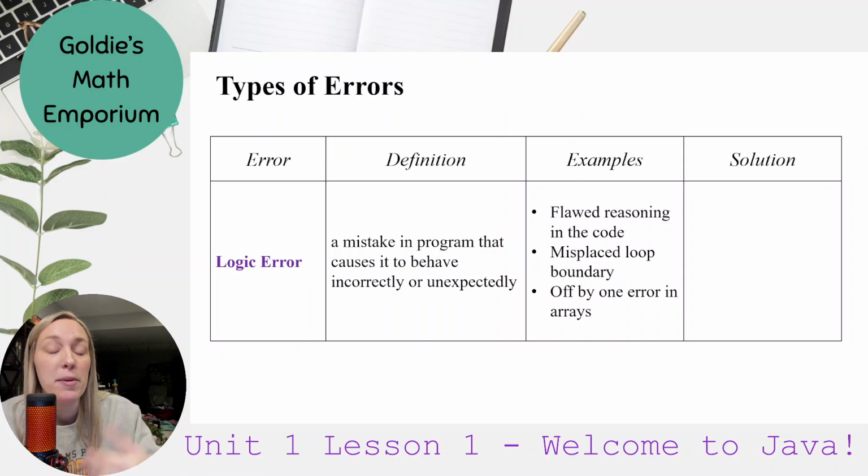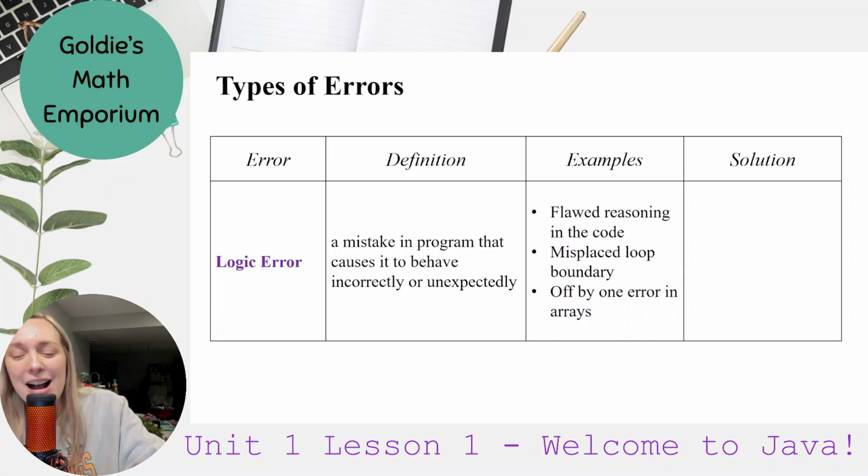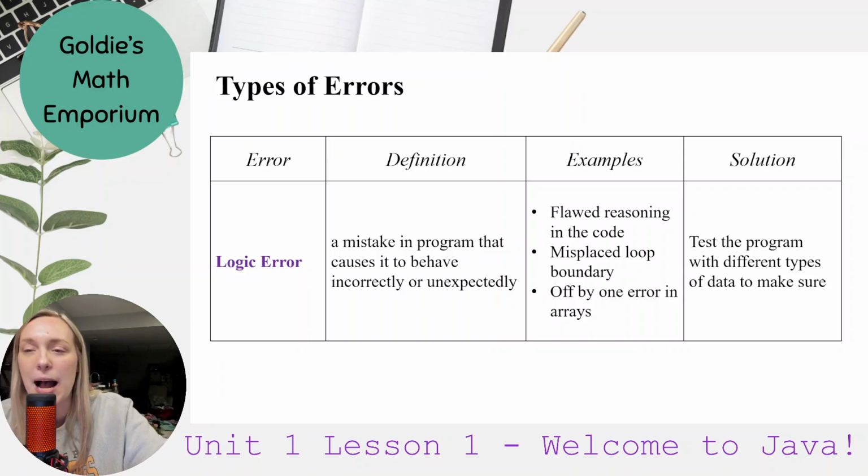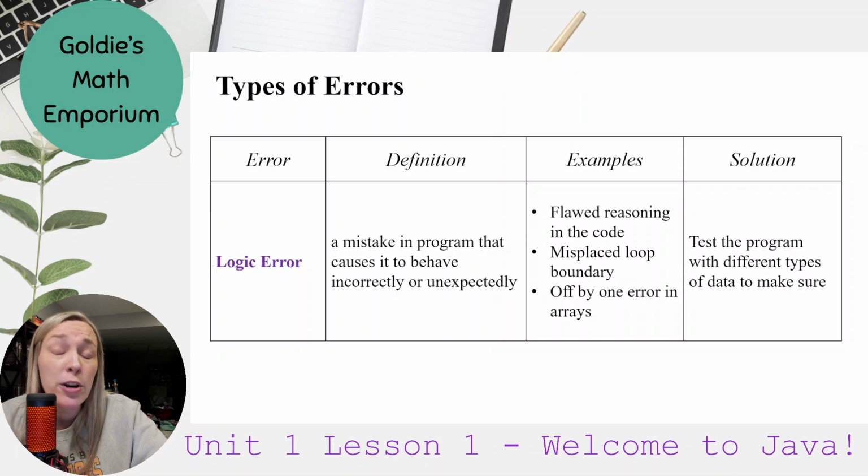Something happened in your program, even though the rules were followed, logically it just didn't make sense for what you wanted it to do. And we're going to run into these a little bit more throughout the course. Not necessarily right now because we're just learning the basic syntax, but logic errors happen. Your program will compile fine and it'll run, but it just won't behave like you expect it to behave. The solution for these is usually to test the program with different inputs or different types of data to figure out where the error is occurring.